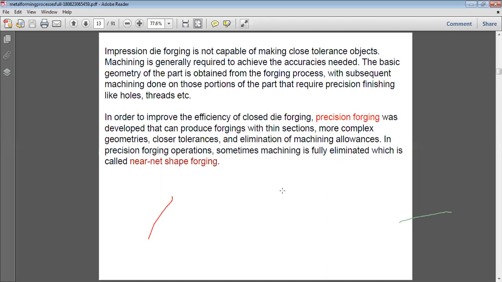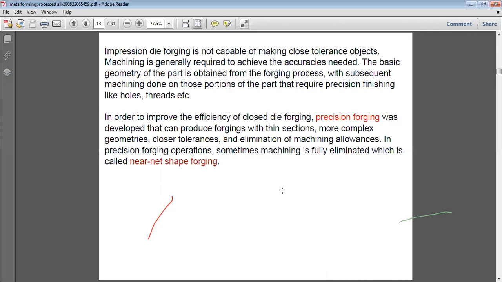Clear? In order to improve the efficiency of closed die forging, precision forging was developed, which can produce forgings with thinner sections. It is the next class, precision forging, that can take thin sections, more complex geometries, closer tolerances, and elimination of machining allowances. If we are to impart machining, then machining allowances have to be given beforehand, because in machining the material will be taken off from that particular product.